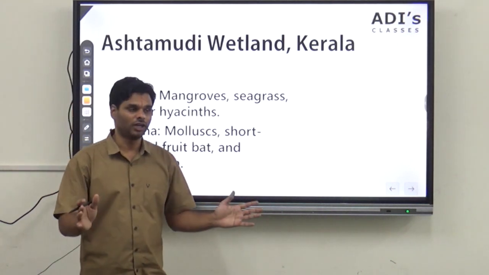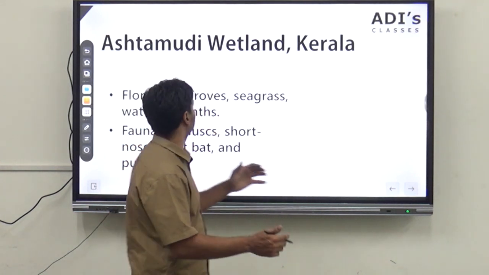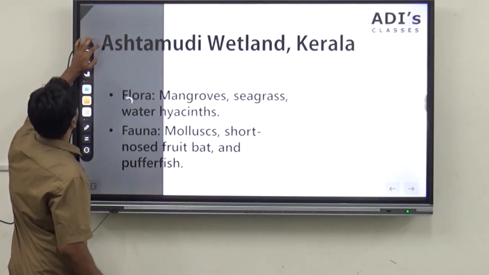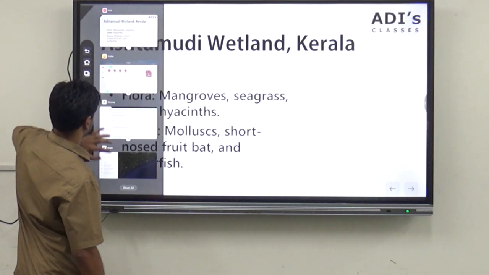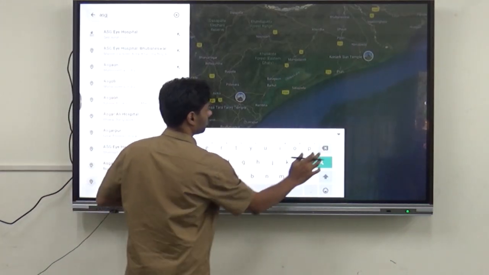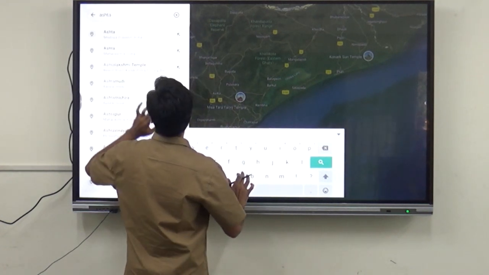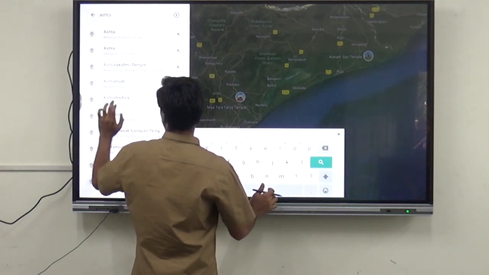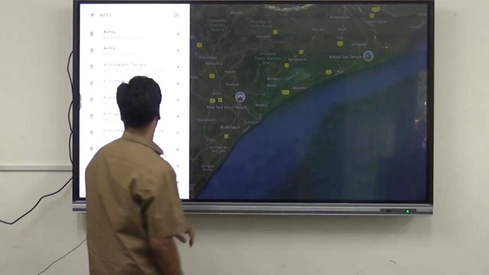And there's a lot of water. It's not like it's a small space. You can just look at Ashtamudi Lake. It's very, very huge. I can show you here.